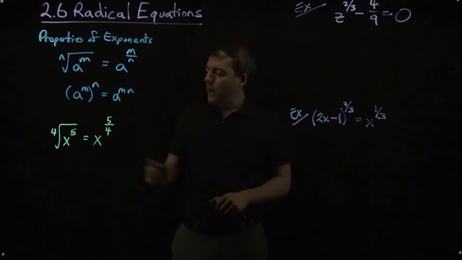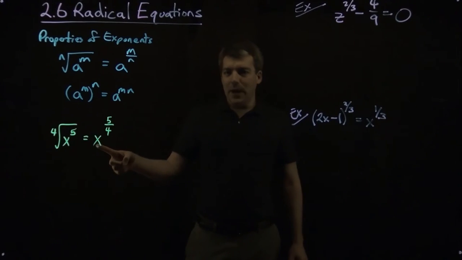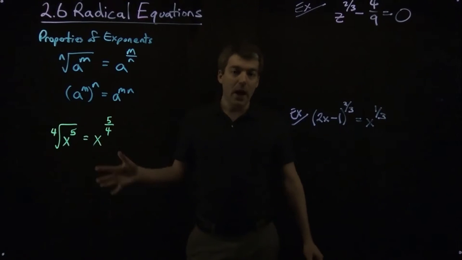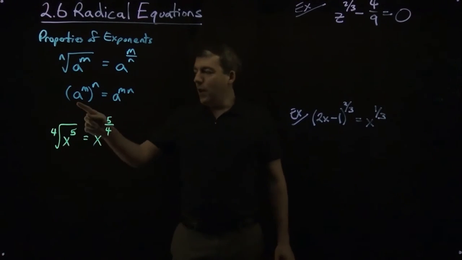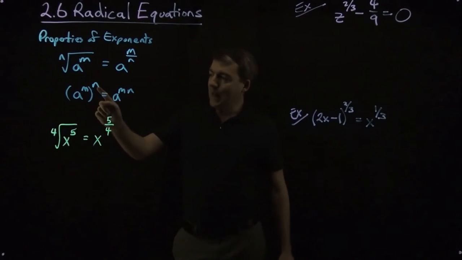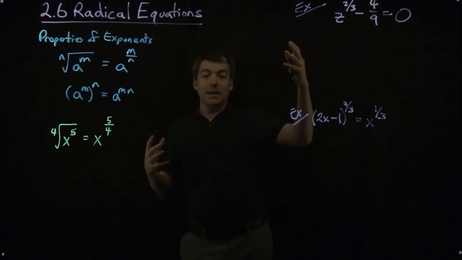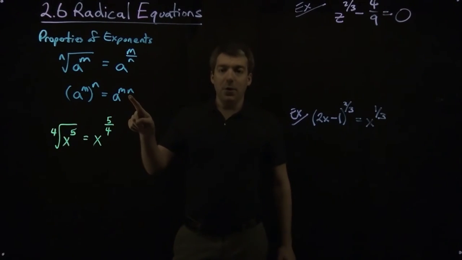Okay. So if we had an equation that involved something like this, we'd want to get x by itself, which means we'd have to get rid of this 5/4 power somehow. And this second property will help us do that. If we have a to the m raised to the n, so we're taking this expression a to the m and we're raising it to the nth power, we can evaluate that by simply multiplying the exponents.